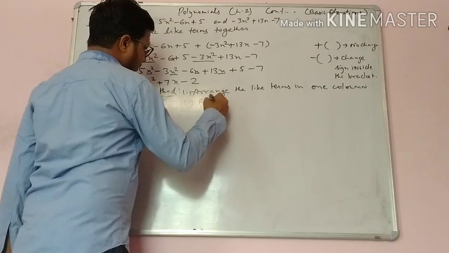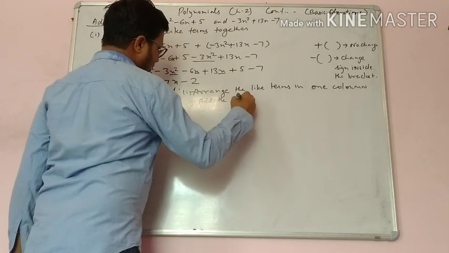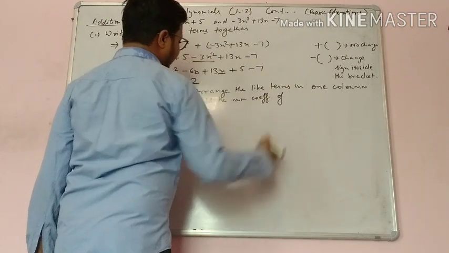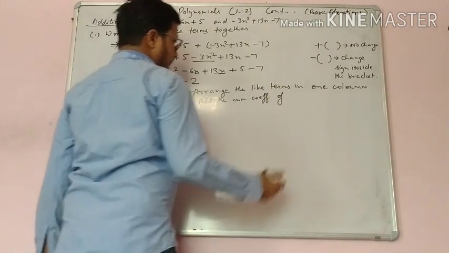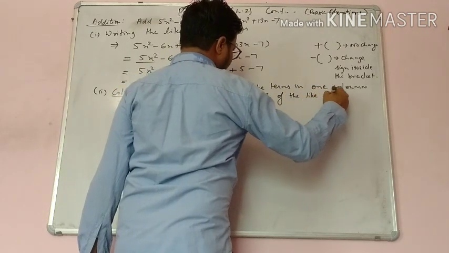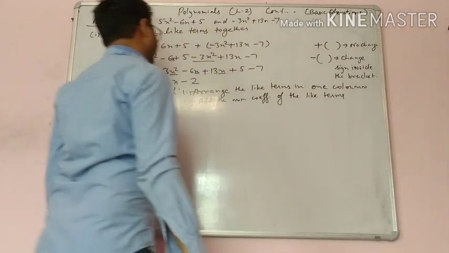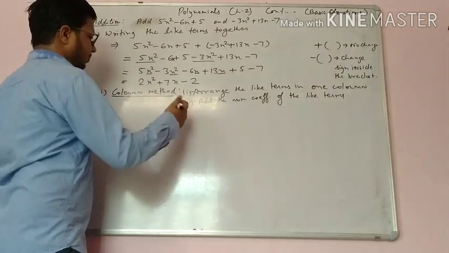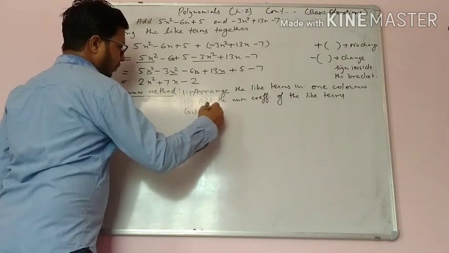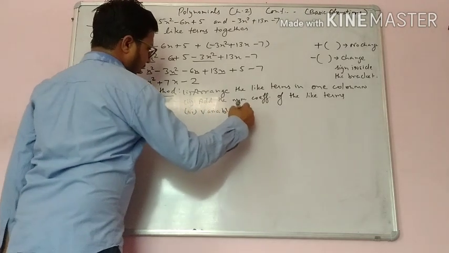Add the numerical coefficients of like terms. Third, the variable parts will remain the same.